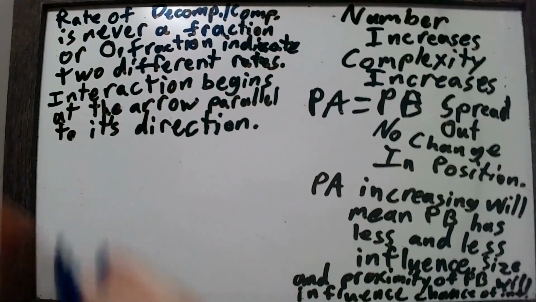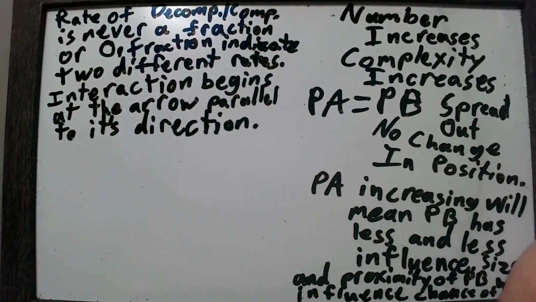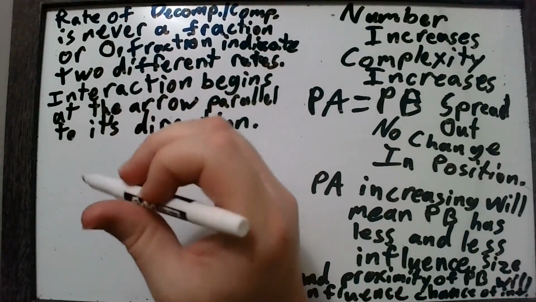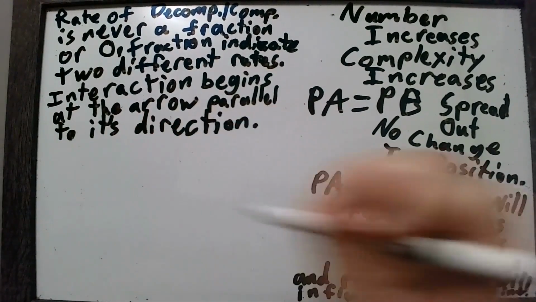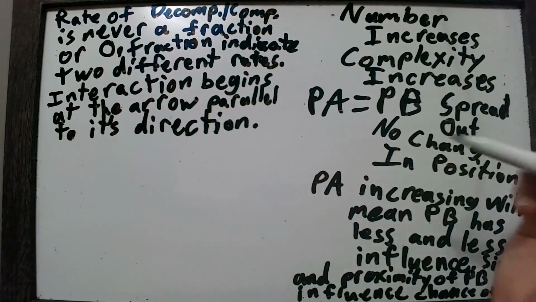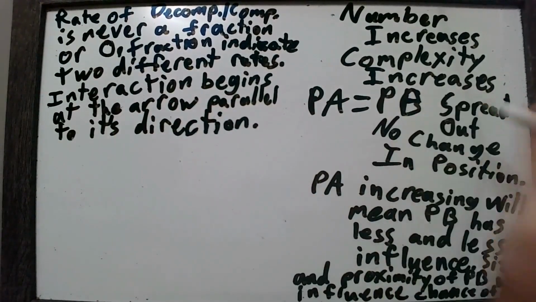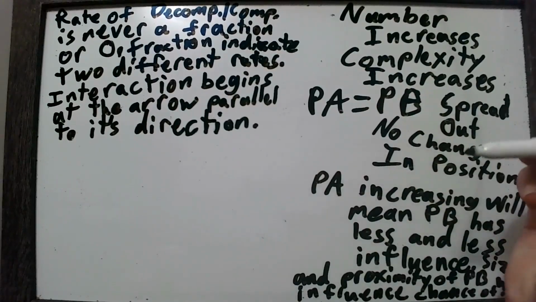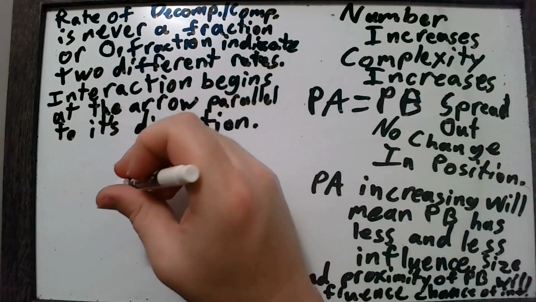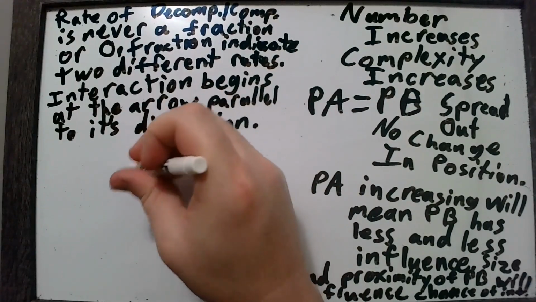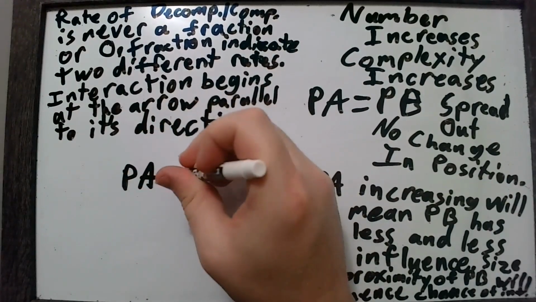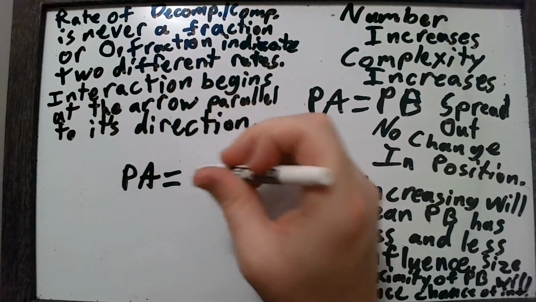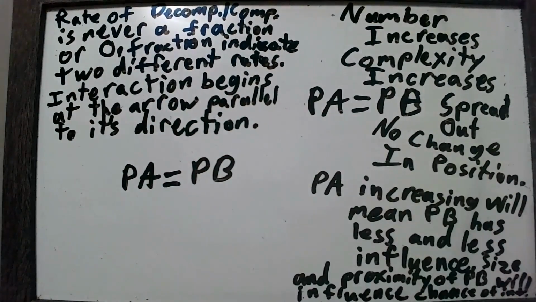Alright? So, when you're looking at the interaction between two pressures that are coming in onto each other, you have to understand that as PA and PB interact with each other, if they are equal, then they spread out and there's no change in position or there's no influence in the direction that the pressure is changing.